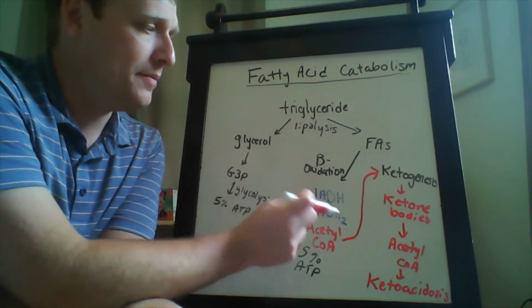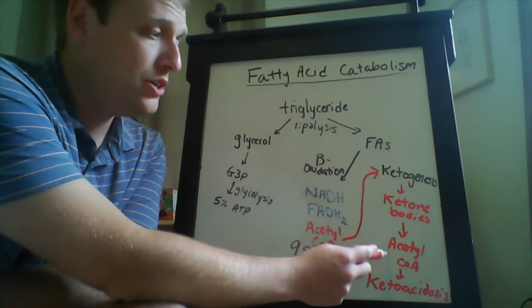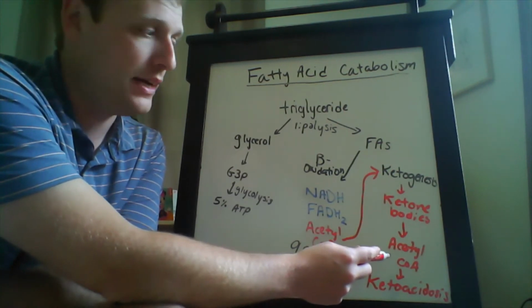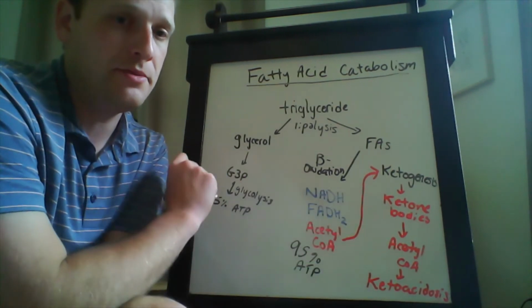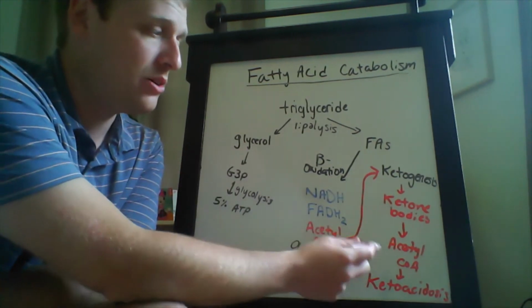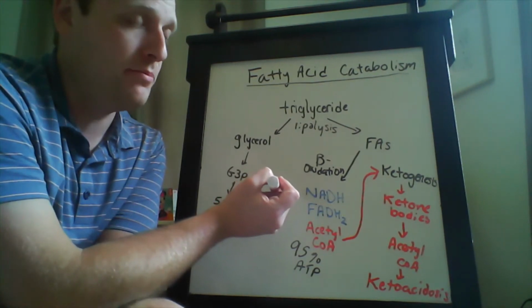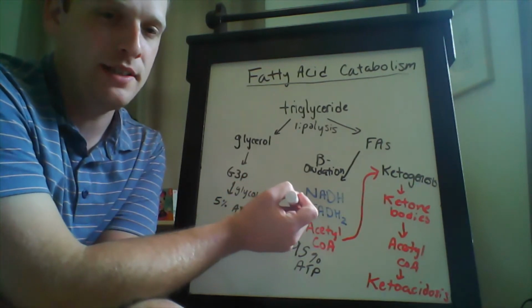Now, if this goes on for too long, in addition to acetyl-CoA entering the Krebs cycle, there are also other substances that need to enter the Krebs cycle along with acetyl-CoA. And those substances tend to come from carbohydrate metabolism.